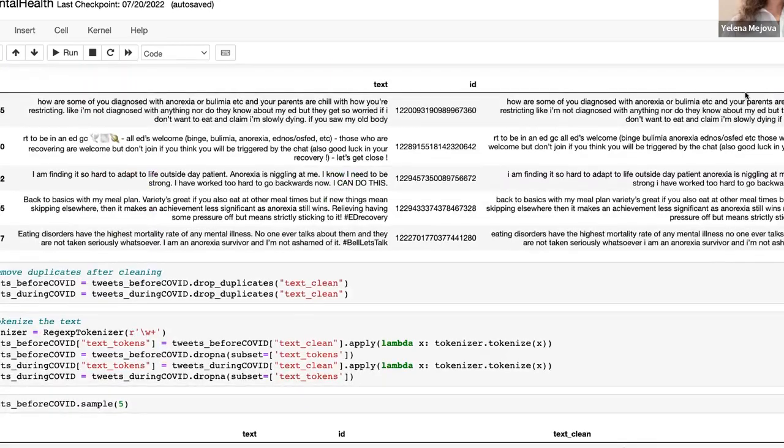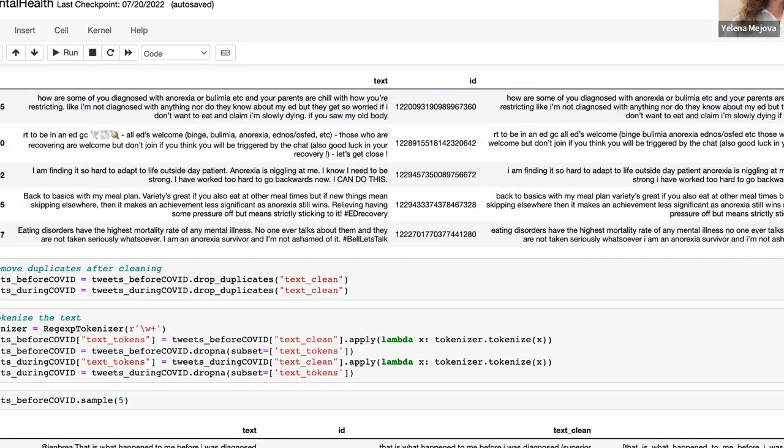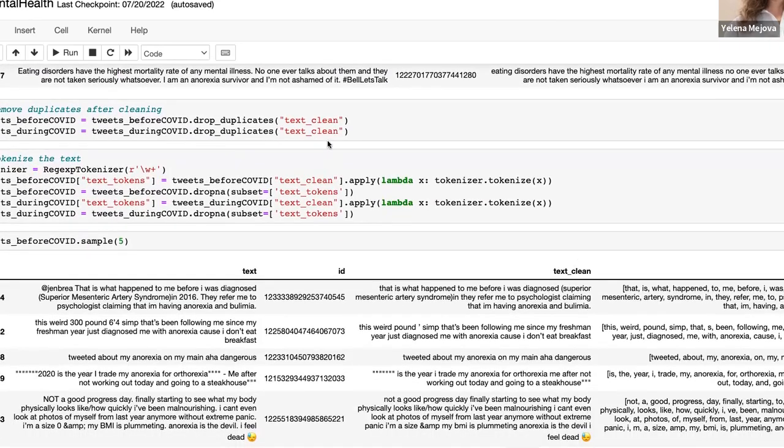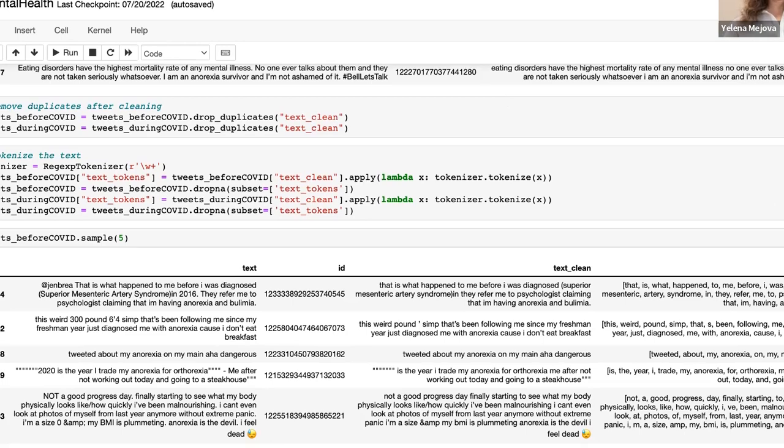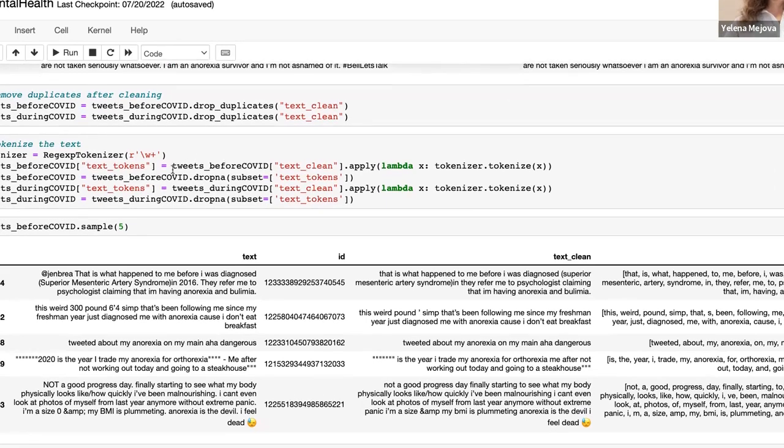Okay, so we've cleaned our data a little bit. We've dropped some duplicates using the clean text. And this is nice because often even spammers have very similar tweets, but with different URLs or some small thing, so you want to deduplicate as much as possible. So we're getting some tokens.